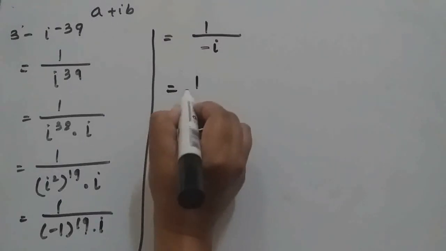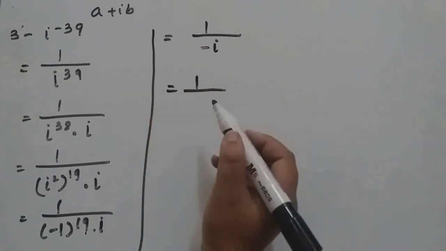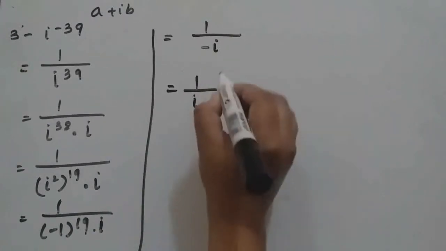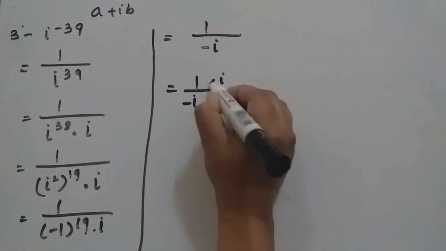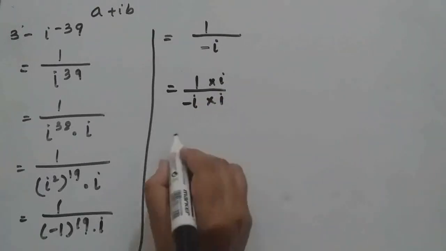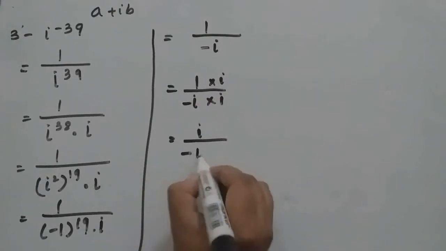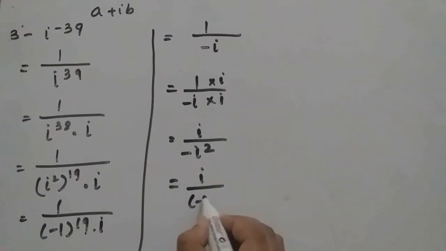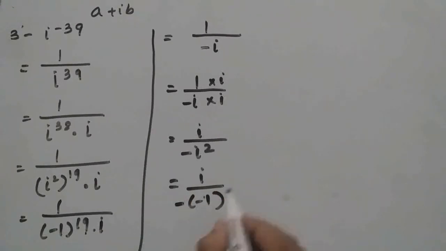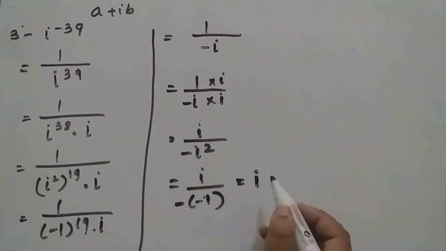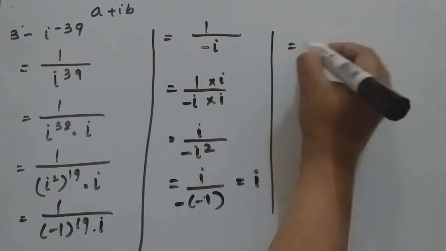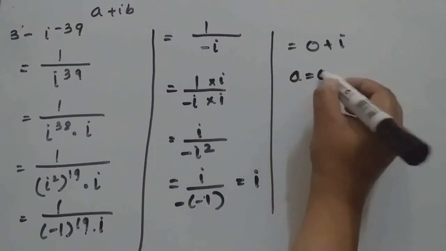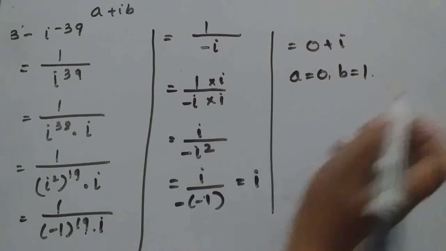Now what we will do, we will remove this i from the denominator. So we can write i into i. Okay. So i divided by minus i square. i square we know it's minus 1. Minus is already there, so answer will be i. i means 0 plus i. So a is 0 and b is 1.